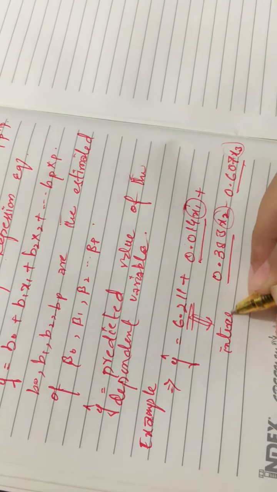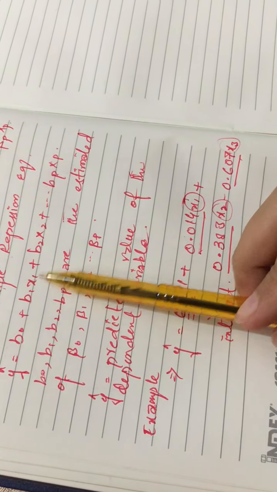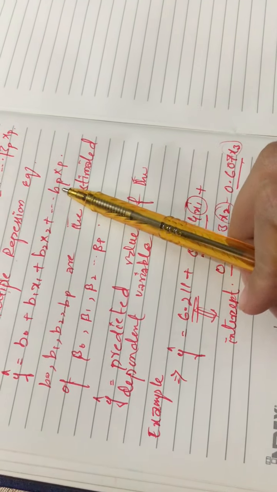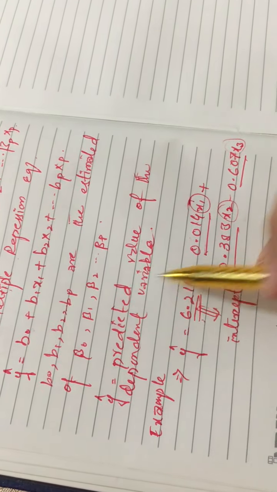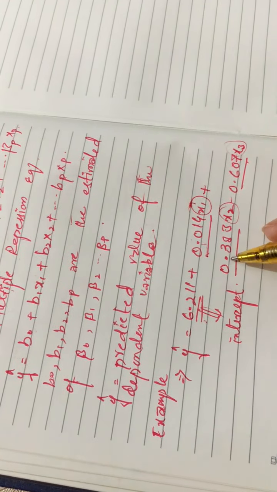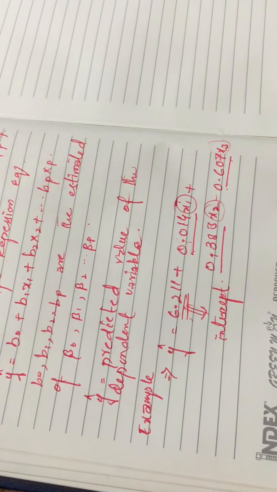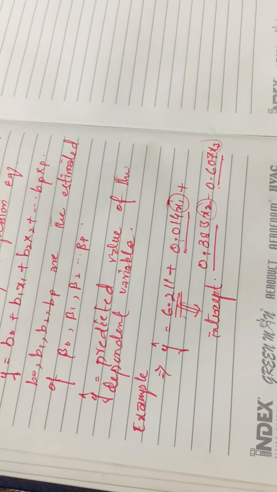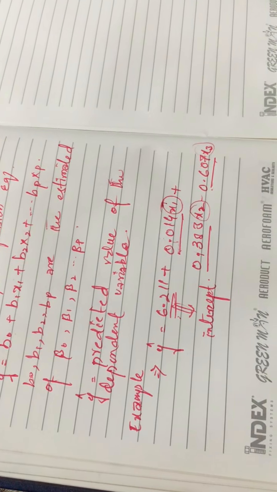And the equation for the estimated linear regression is b naught plus b1 x1 plus b2 x2 up to so on bp xp. So this is the value of the b naught, this is the value of the b1, this is the value of the b2, and this is the value of the b3. So these are the estimates of the beta naught, beta 1, beta 2 up to so on beta p, and y cap is the predicted value.